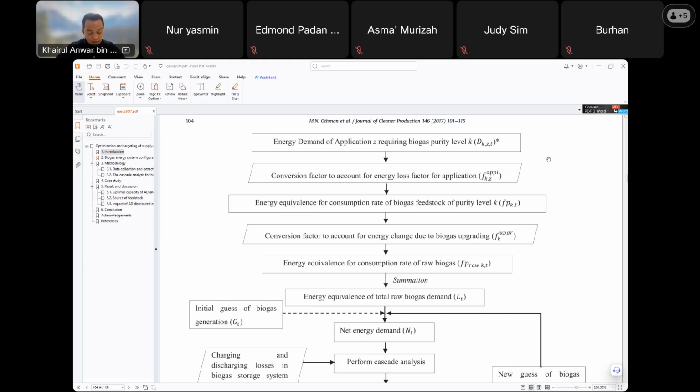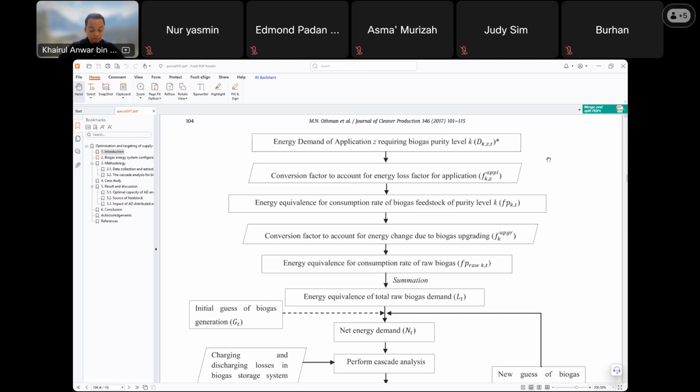In general, the methodology of the GESCA framework starts with the data acquisition extraction, section 3.1, followed by the cascade analysis for biogas energy system, section 3.2.